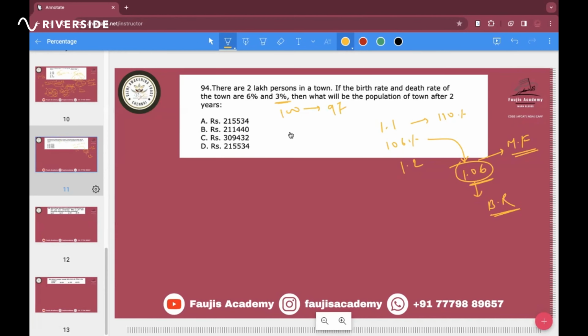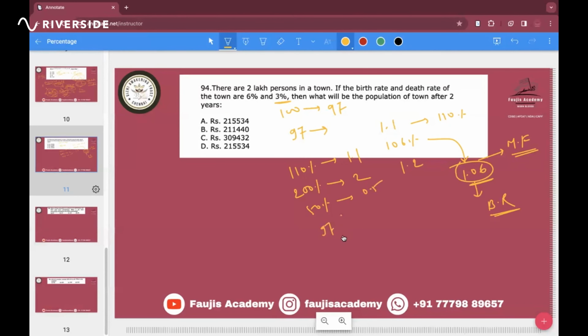So how will you write 97 in terms of multiplying factor? 110% is equal to 1.1. 200% is equal to 2. 50% is equal to how much? 0.5, sir. 0.5.